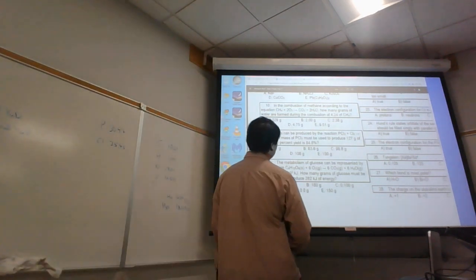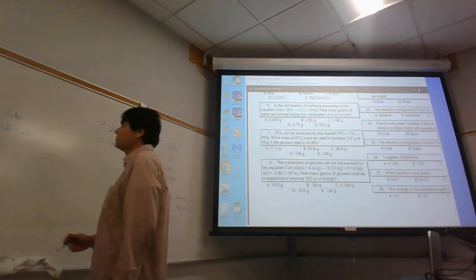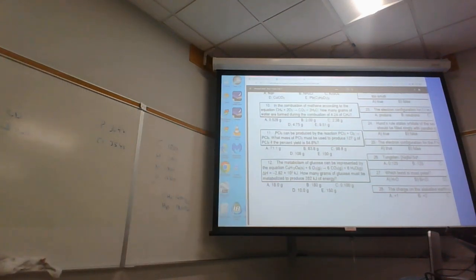So percent yield, 84.8%. So let's first convert that into a conversion factor. That would be 84.8 grams actual yield over 100 grams theoretical yield. What mass of PCl3 must be used to produce 127 grams? Is that 127 grams going to be actual yield or theoretical yield? Yeah, that's going to be actual yield. So 127 grams of PCl5, actual yield. We're going to have to produce more than 127 grams because we're going to lose some of it. And so how much more?